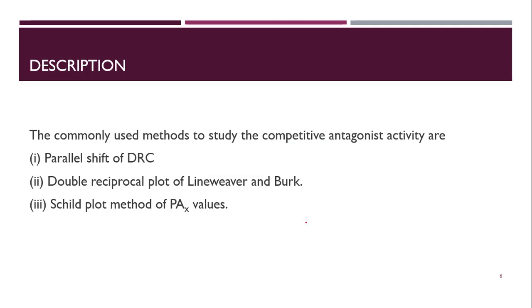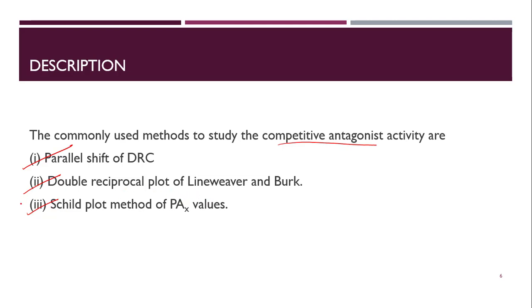Commonly used methods to study the competitive antagonism activity are: the first one is parallel shift of DRC, the second is double reciprocal plot of Lineweaver and Burk, and the third method is Schild's plot method of the pA2 values.